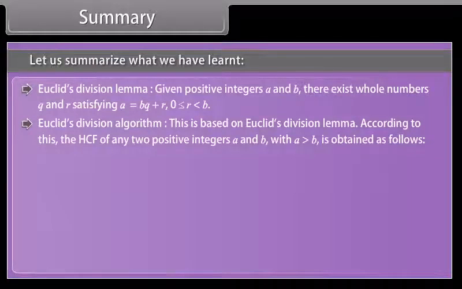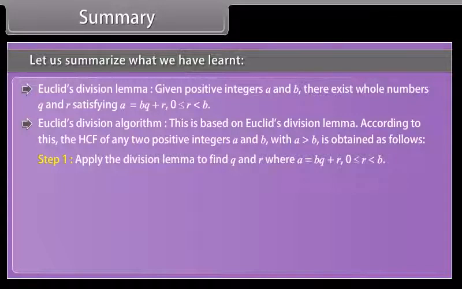According to this, the HCF of any two positive integers a and b, with a greater than b, is obtained as follows. 1. Apply the division lemma to find q and r, where a is equal to bq plus r, 0 is smaller than or equal to r, which is smaller than b. 2.